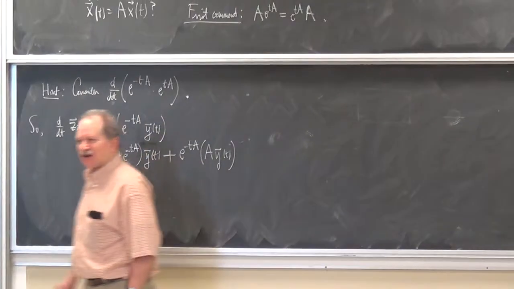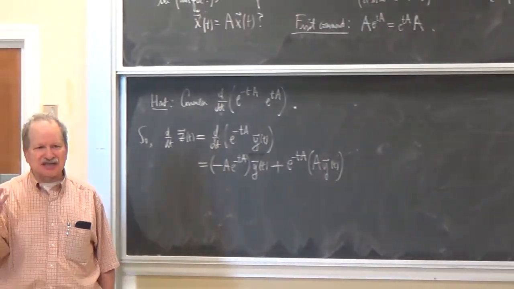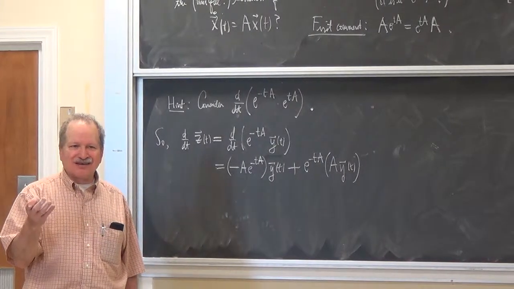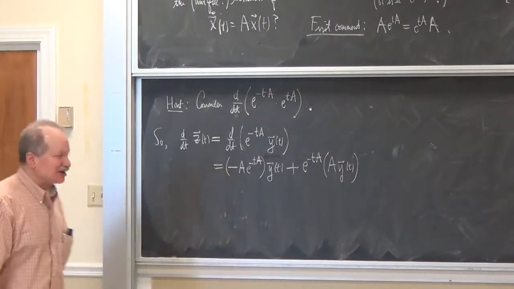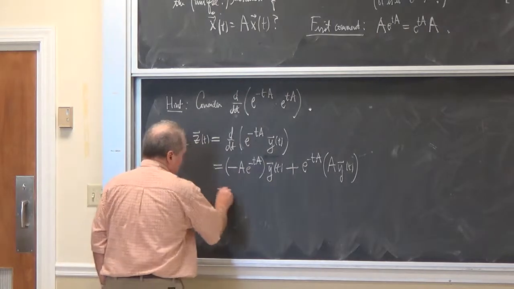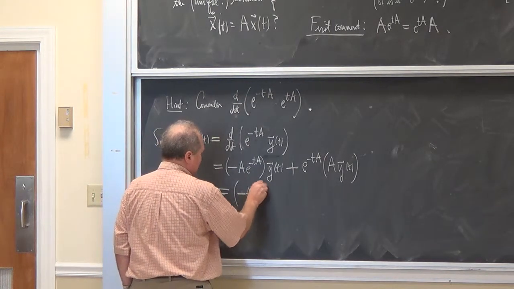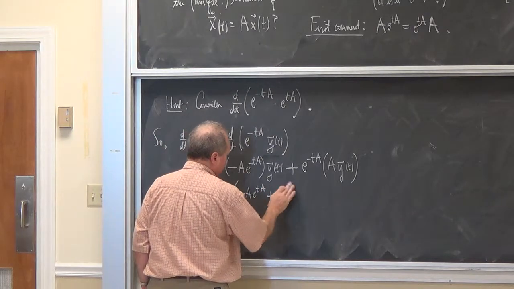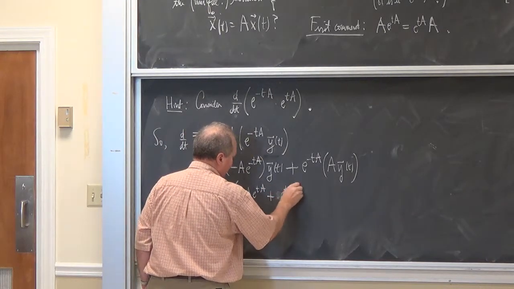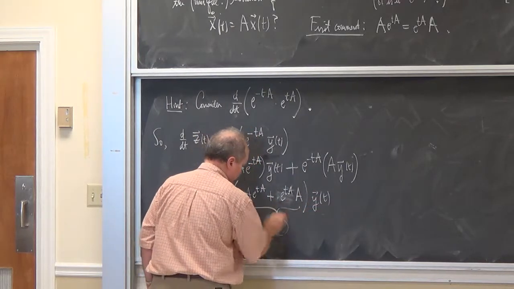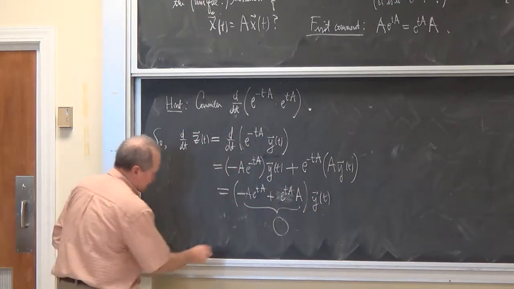Sort of like it was important earlier on last semester that for matrices, the inverse had to work on both sides. We talked about how one side was important for existence and one side was important for uniqueness. So what happens? Well, we're done, right? We have minus a e to the ta plus e to the ta a, all times y of t, and this is the 0 matrix. So what does this do?